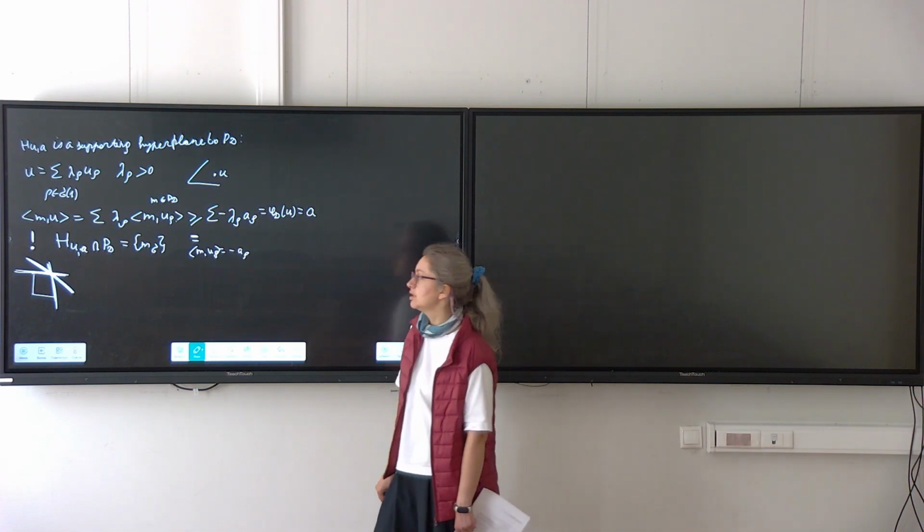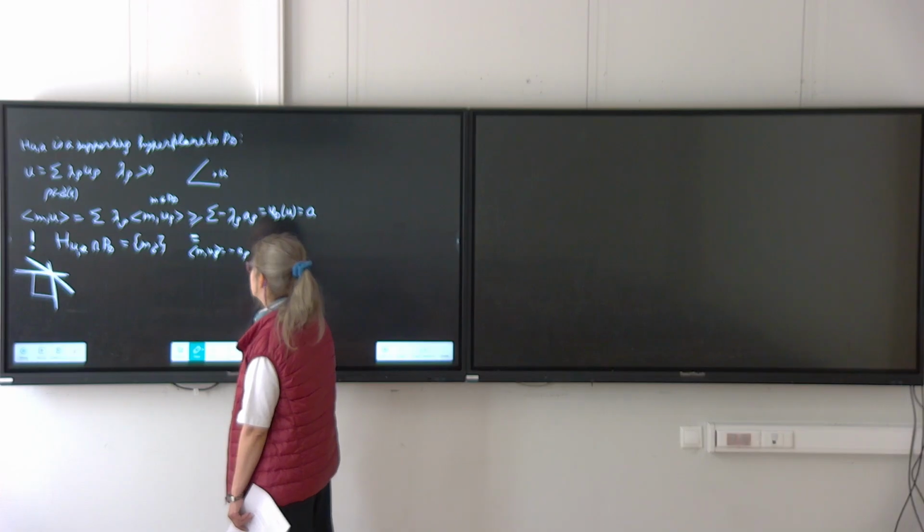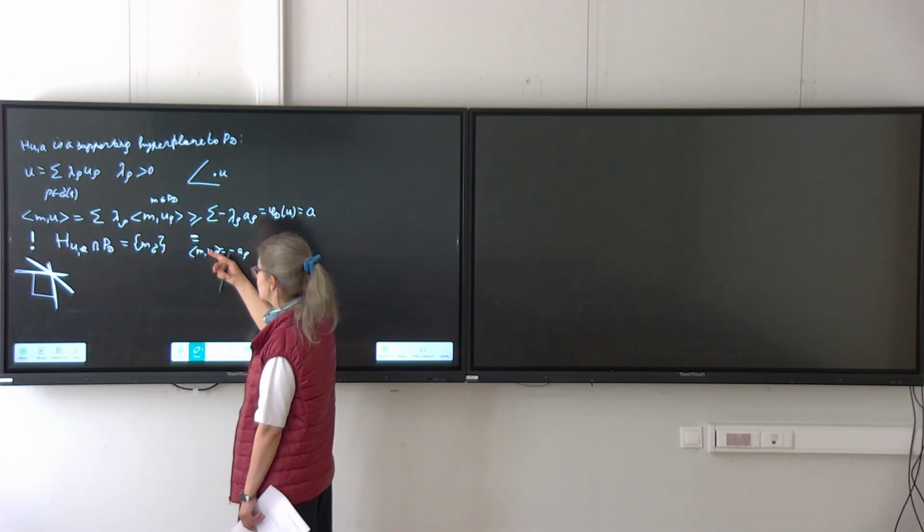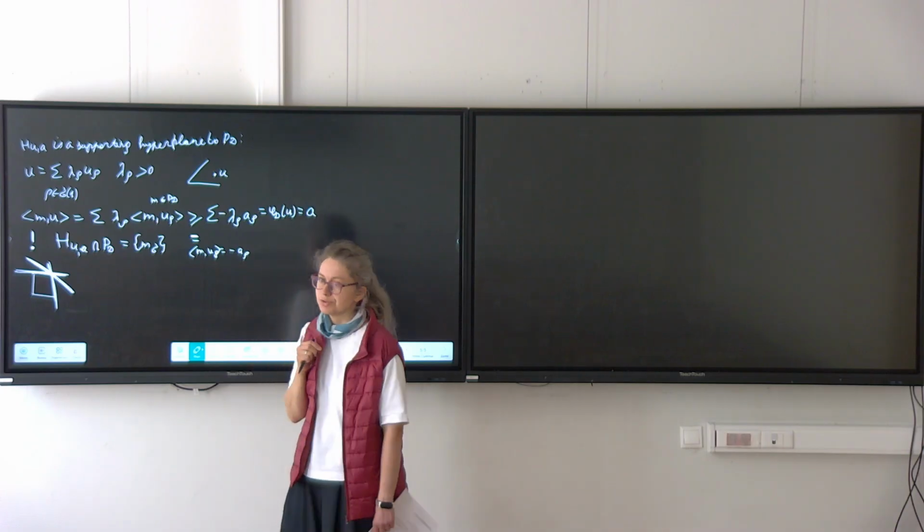So if it contains n linearly independent rays, then this system should have the only solution.